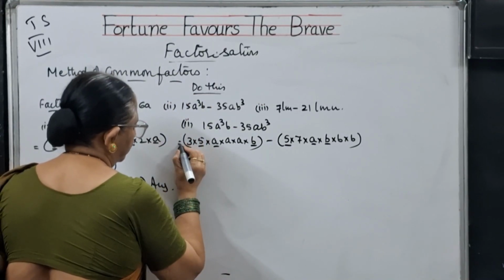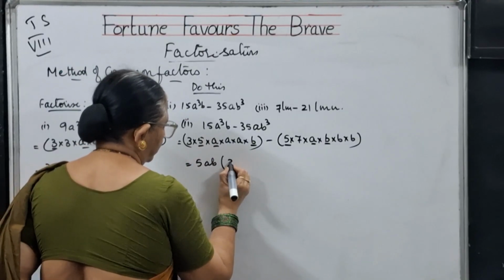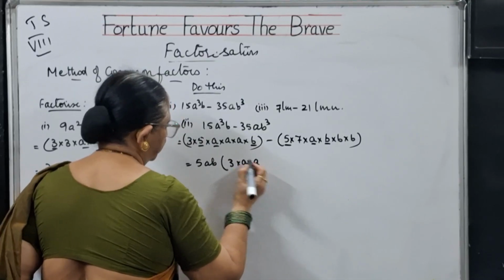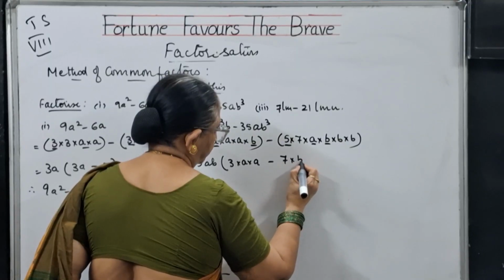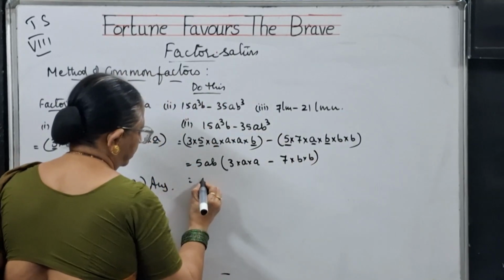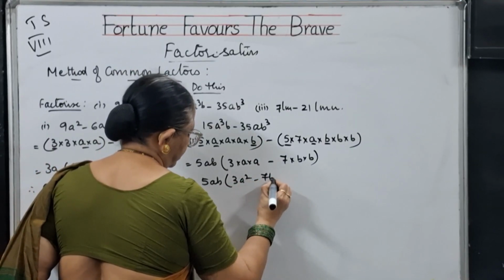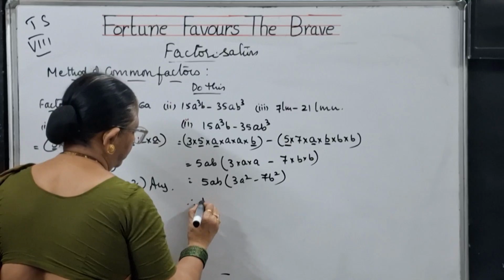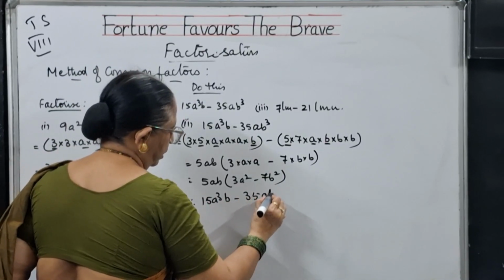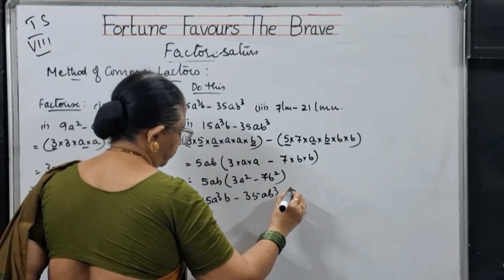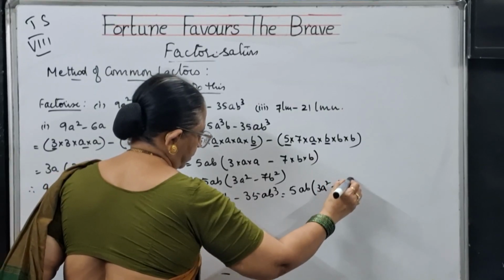So this is equal to 5ab. If you take 5ab as common, 3 into a, I am getting 3 into a minus 7 into b. That is 5ab into 3a square minus 7b square. Therefore, 15a cube b minus 35ab cube is equal to 5ab into 3a square minus 7b square.